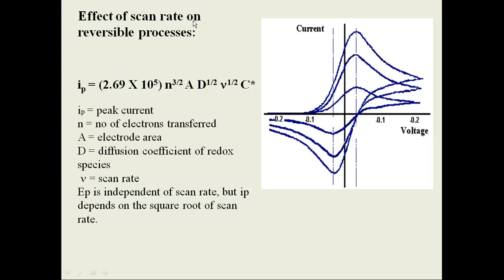And the effect of scan rate on a reversible process: here this axis is current, this is voltage.